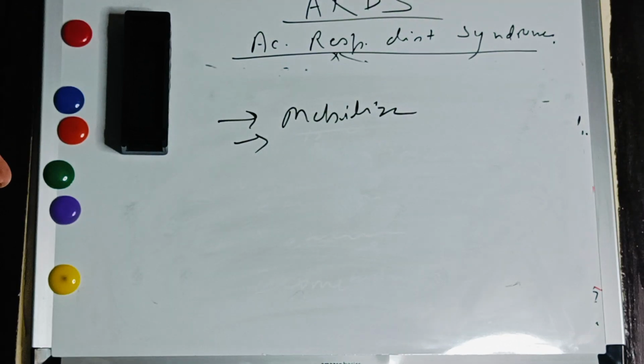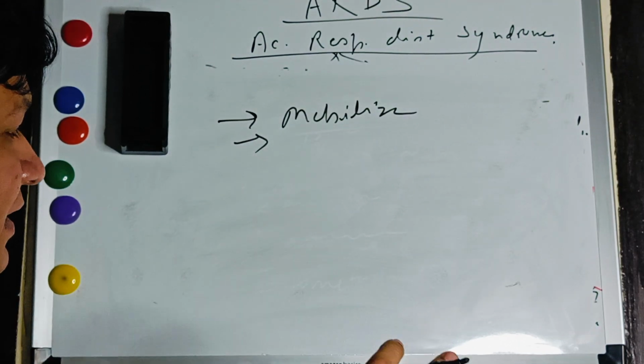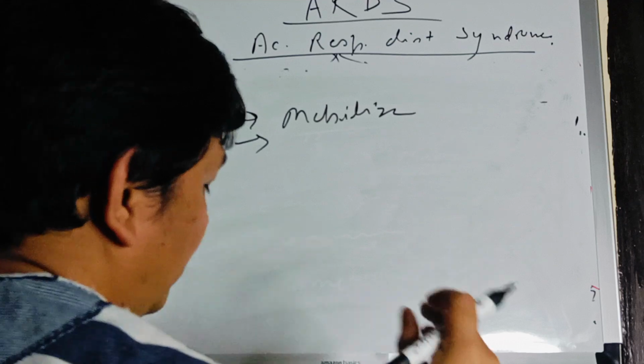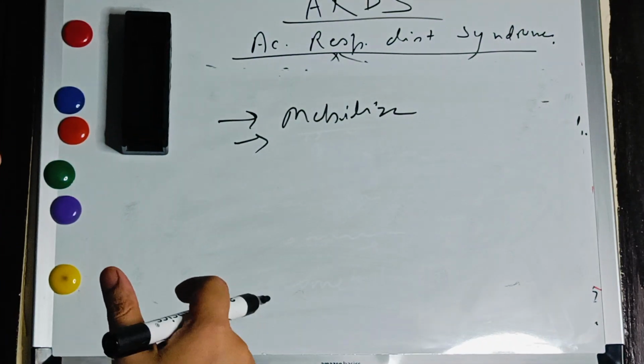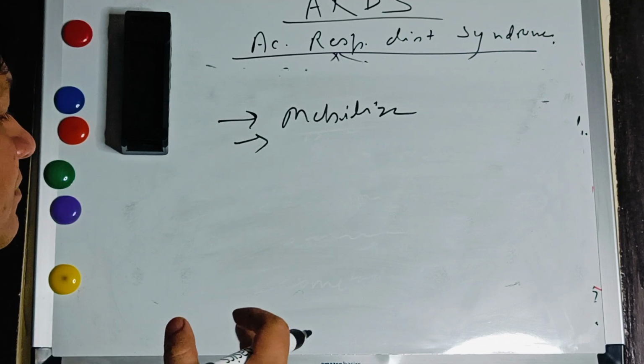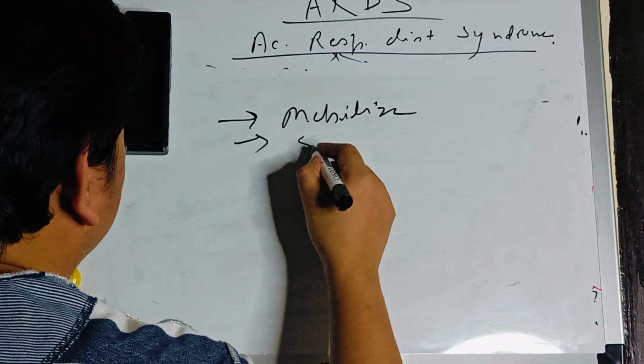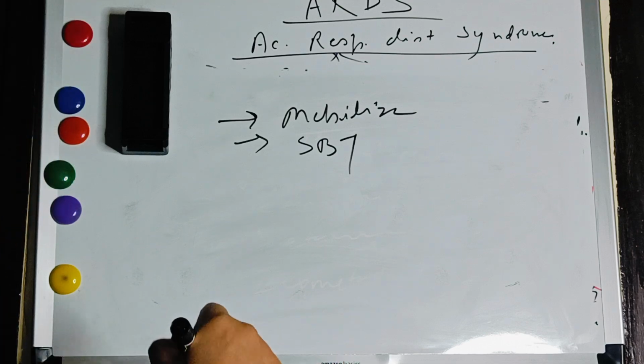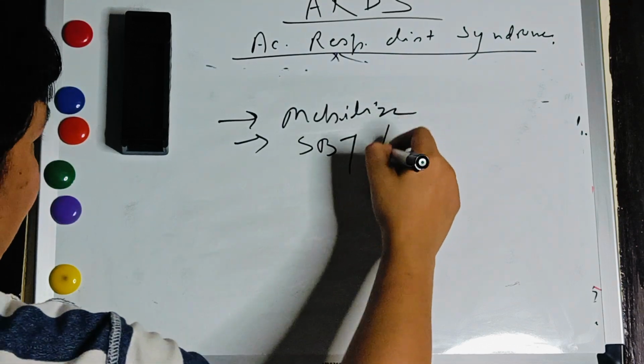It is important to give a holiday period or a rest period: we have to stop muscle relaxant in between. We have to stop the sedation. We have to awake the patient. We have to give the spontaneous breathing trial or awake breathing trial.